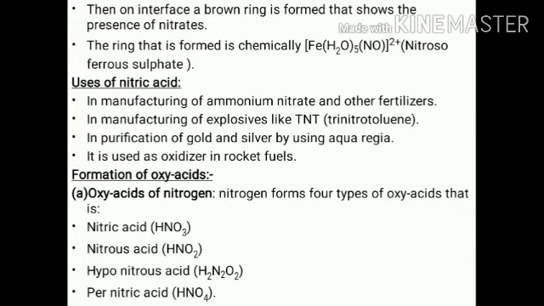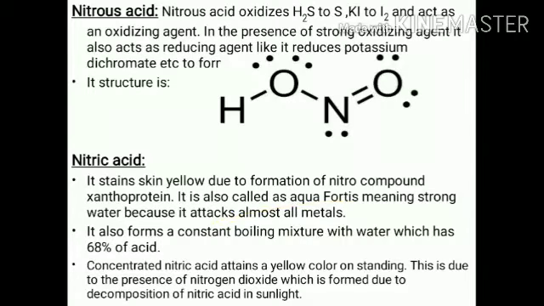The formula of nitrous acid is HNO2, nitric acid is HNO3, pernitric acid is HNO4, and hyponitrous acid is H2N2O2. Now, first nitrous acid, HNO2. Nitrous acid oxidizes H2S into sulfur and KI into I2, and acts as an oxidizing agent. In the presence of a strong oxidizing agent, it also acts as a reducing agent.